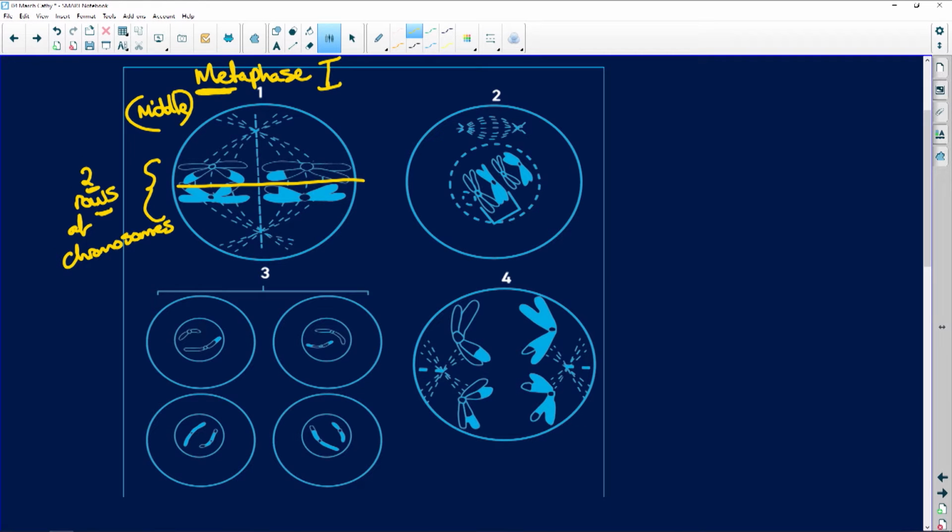Okay, if we look at this one here, we've got our centrioles sitting there. We've got our spindle fibers. Okay, and we've got all our little chromosomes. But can you see here, that's a homologous chromosome.